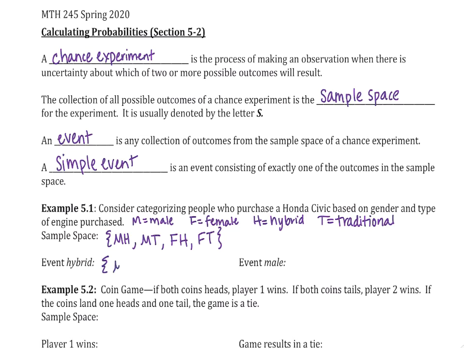Well, that would be the male and the hybrid or the female and the hybrid. So I'm using those curly brackets, the curly ones, and then I'm listing each outcome with a comma. Now the event male could be male hybrid or male traditional. So these events have multiple ways that the event could happen. So these would not be simple events.